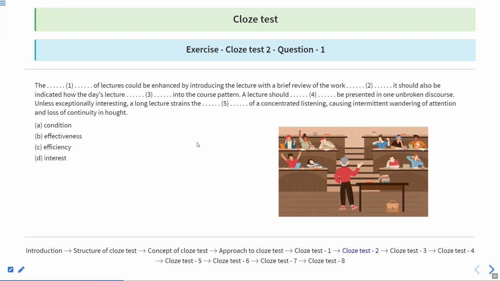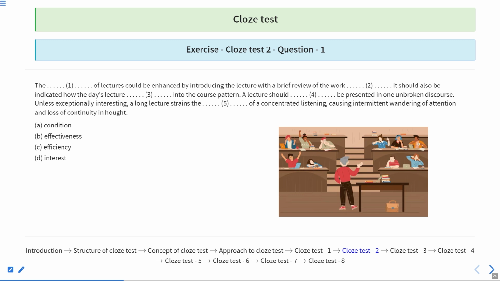So let us look at the next set of questions of the Cloze test. Again, we will look at 5 of these questions which are part of one set. So let us understand the overall context first. The dash of lectures could be enhanced by introducing the lecture with a brief review of work dash.